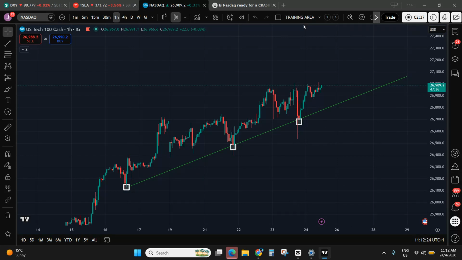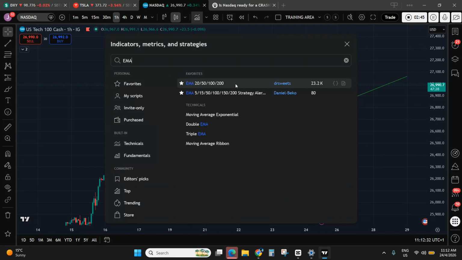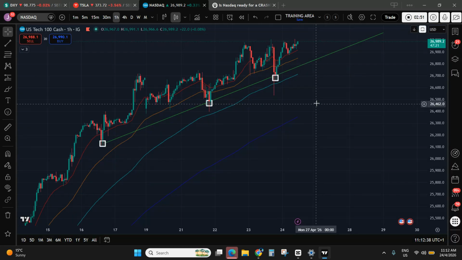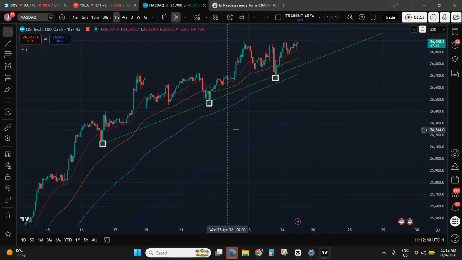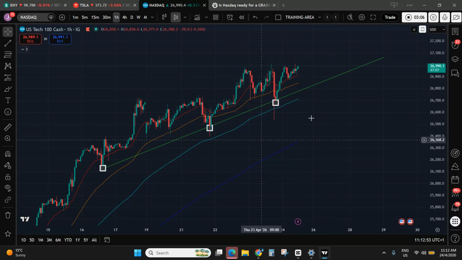If you want to add more confluence for a stronger confirmation, you can check the EMAs. In case your trend line is very close to the 100-day EMA or 200-day EMA, then you can expect a trend reversal at that particular area.